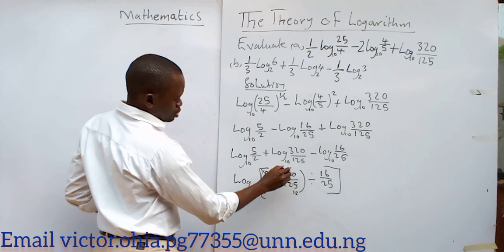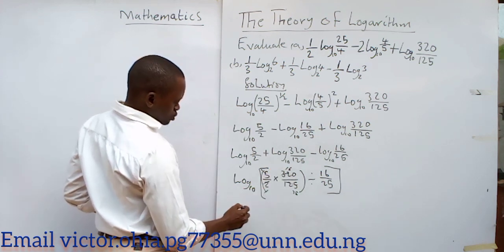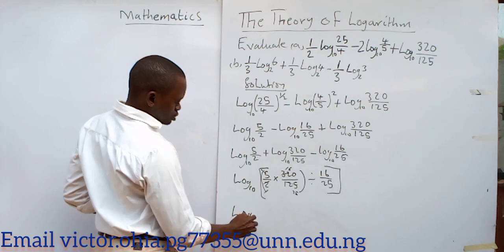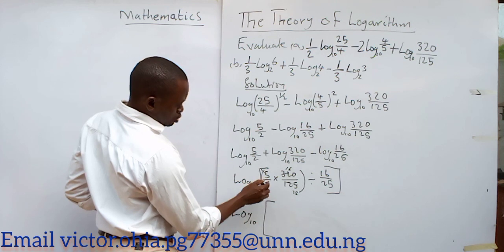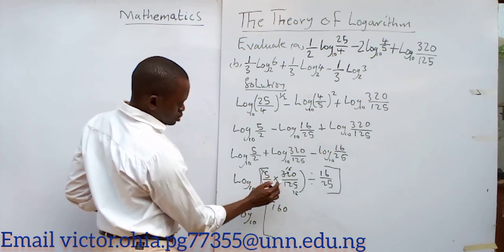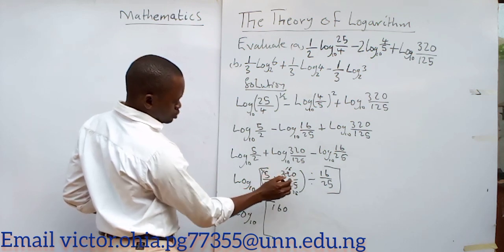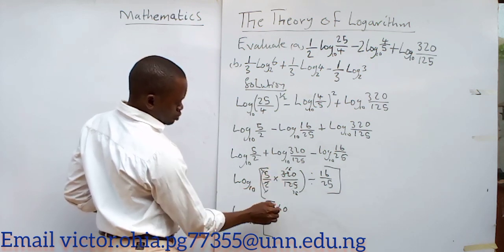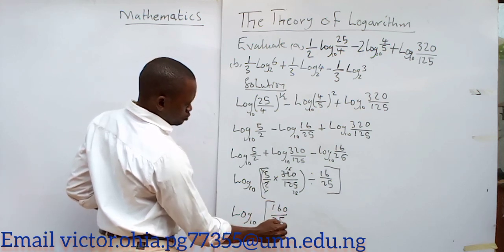That's 16, that is 160 there. So I can bring out these remaining ones. So I have log in base 10, and inside this bracket I have 160 over 25, because 2 cancels itself, 1 cancels here, 16, and with this 0, that's 160 over 25.